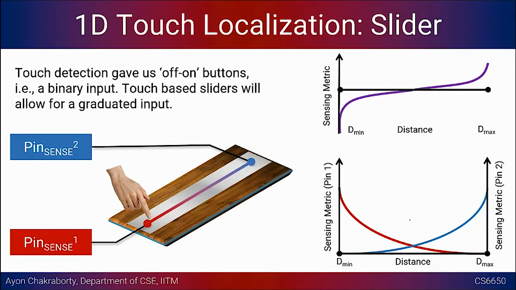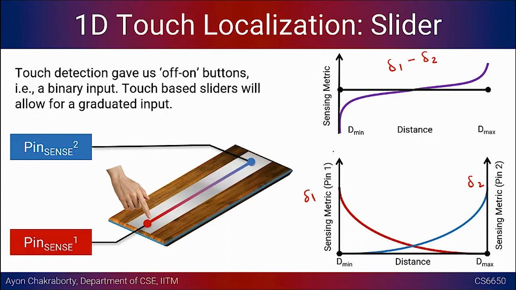There will be some value in between where both of them might have a very similar value of the sensing metric, which is going to give you a 0, right? This could be delta 1 and this is delta 2, and what we are plotting is delta 1 minus delta 2, or delta 2 minus delta 1, whatever it may be.